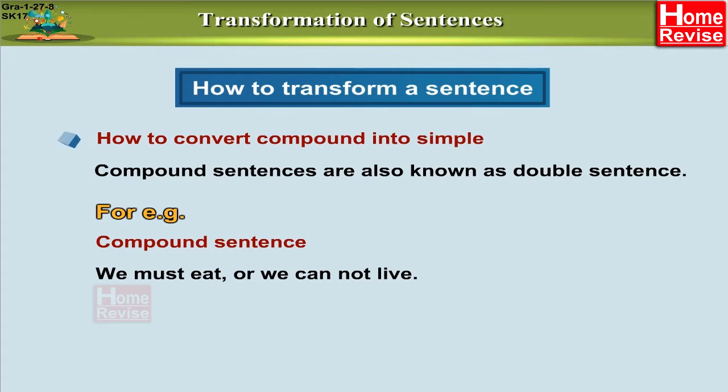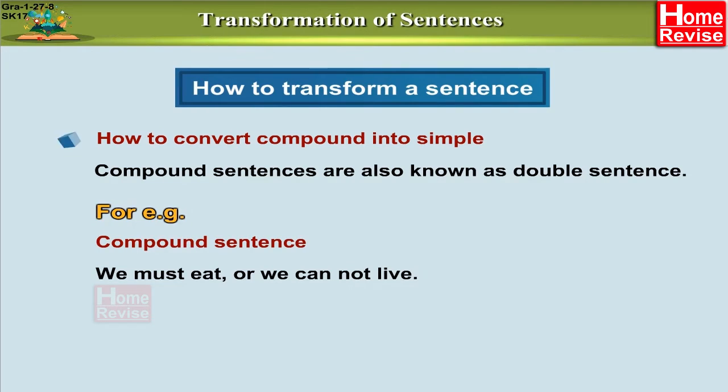We must eat or we cannot live. These are clearly two sentences: we must eat, we cannot live. And these two sentences are combined with the conjunction or. So or is the coordinating conjunction which has combined two main clauses or principal clauses.